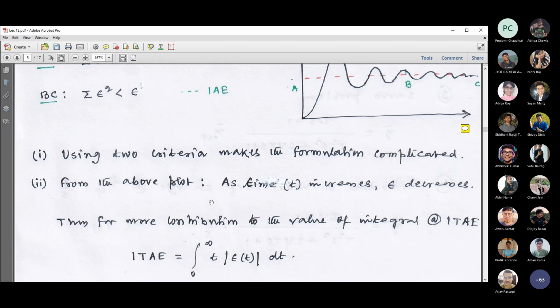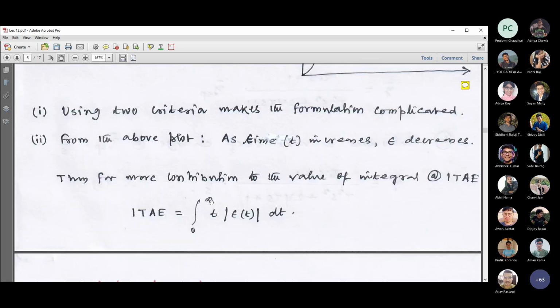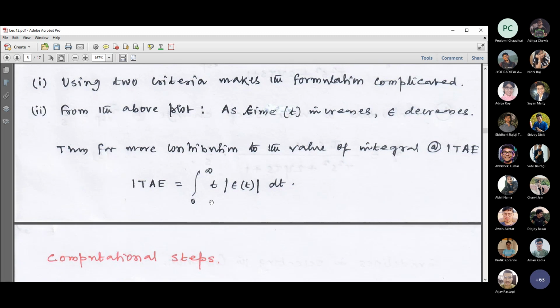Did you understand? Yes, sir. Okay, then go to the application part. How we can apply this time integral performance criteria, that we want to discuss next.